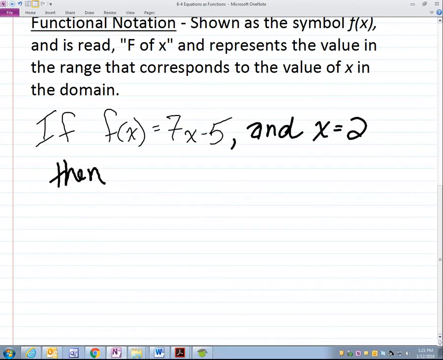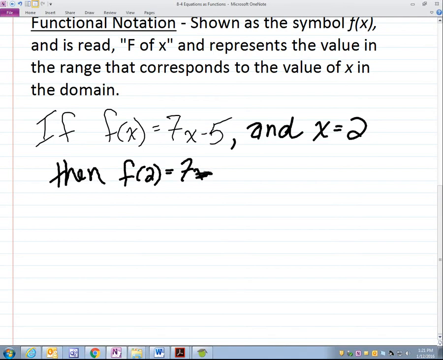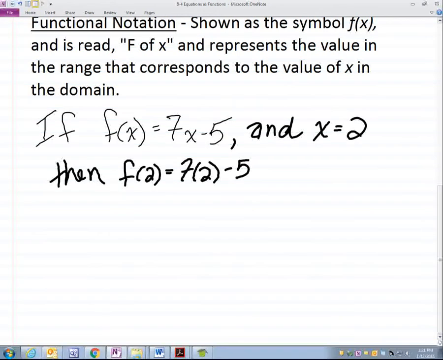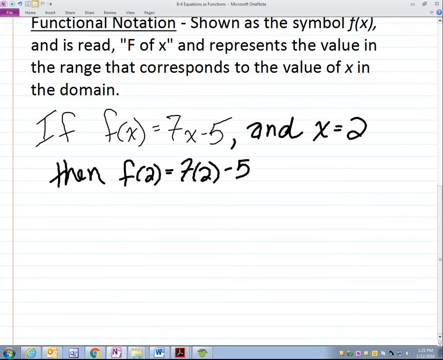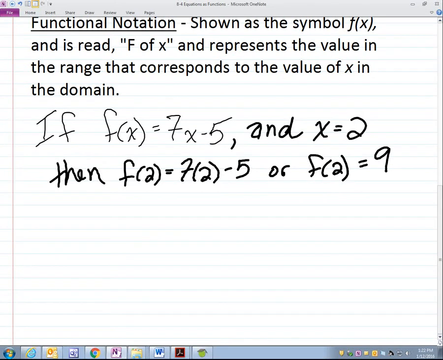If we just say that x equals 2, we're just going to put 2 where those x's are. So the function f of x when x equals 2 equals 9.